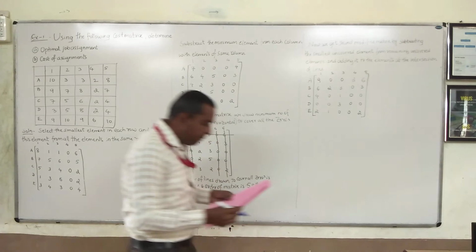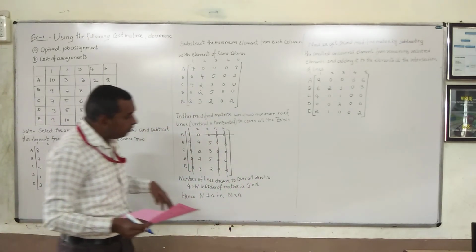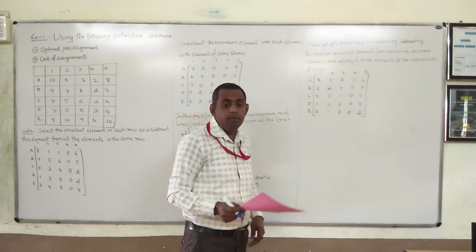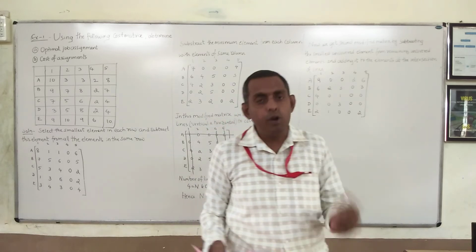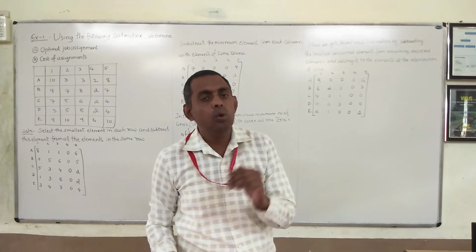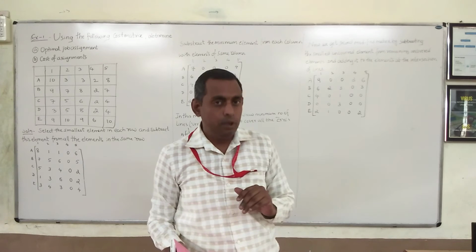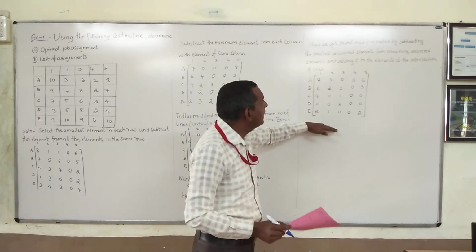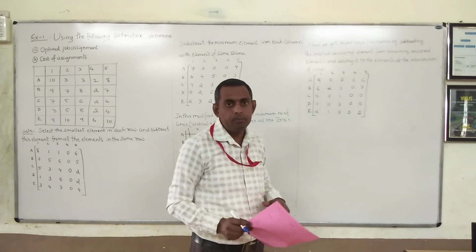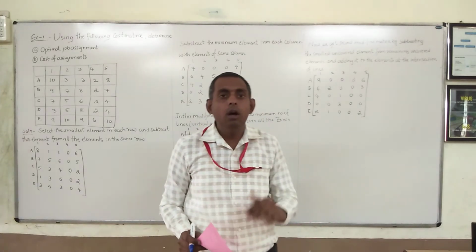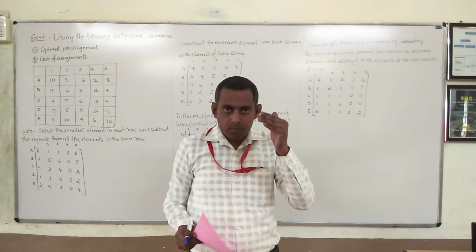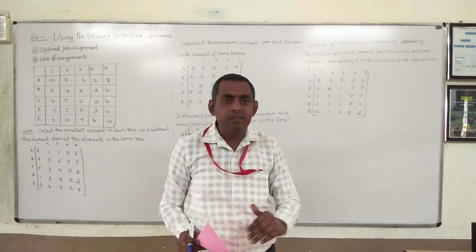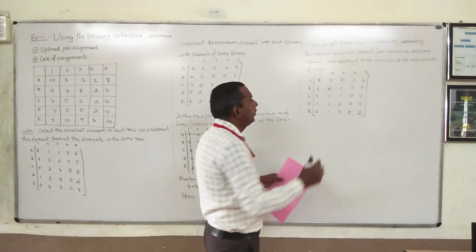Fine. So what happens here? Again we draw the minimum number of horizontal and vertical lines to cover all the zeros. Once again I will tell, once we got the second modified matrix, we have to draw the minimum number of horizontal and vertical lines to cover all the zeros.